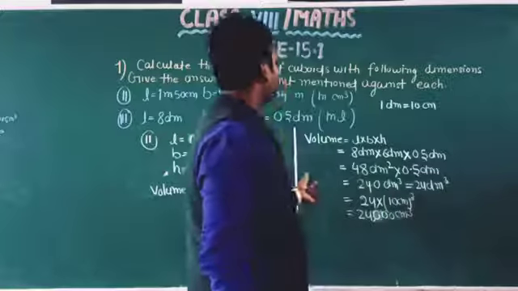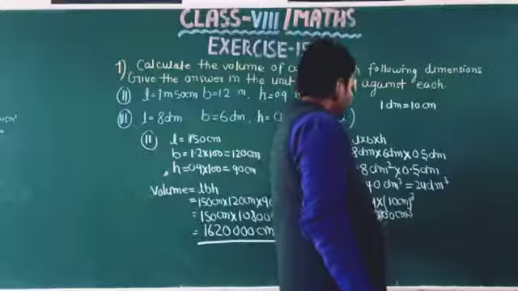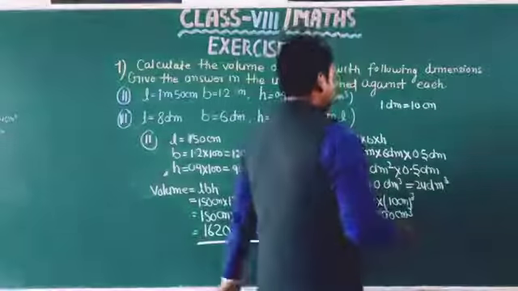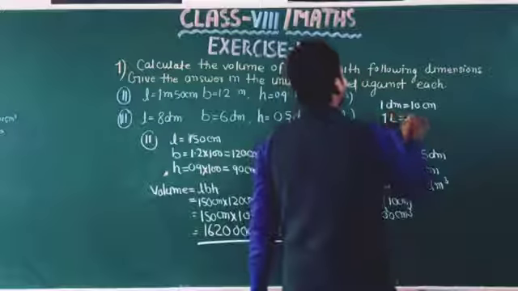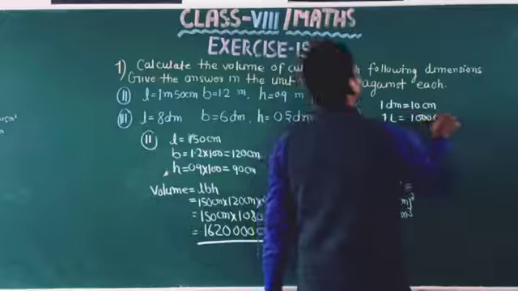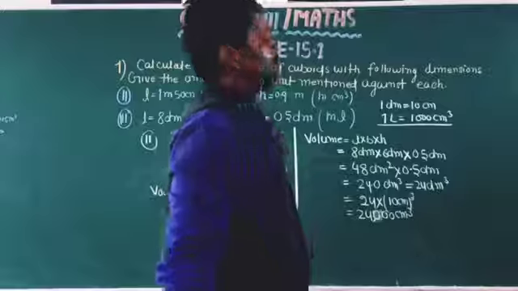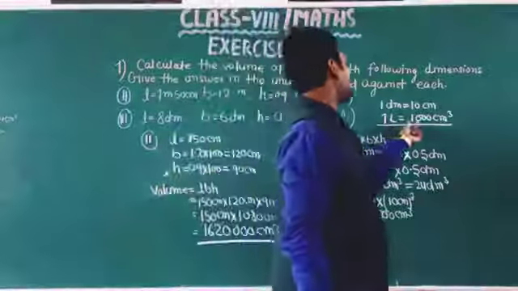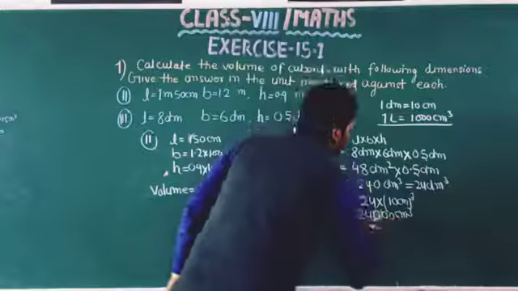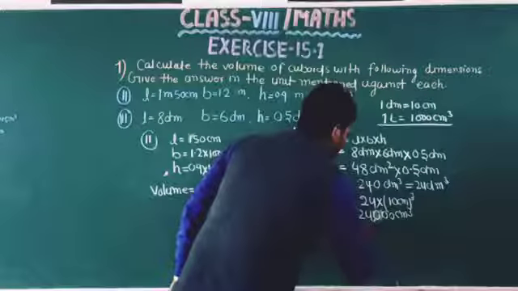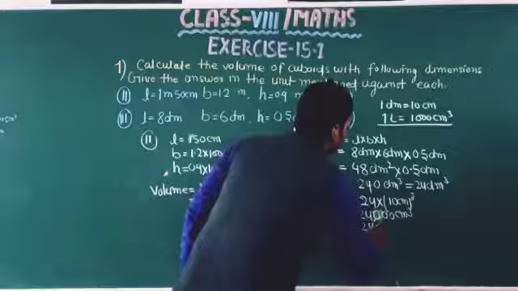The volume of the cuboid is 24,000 centimeter cube. And also we know 1 liter equals 1000 centimeter cube volume. So therefore 24,000 centimeter cube volume equals 24 liter.